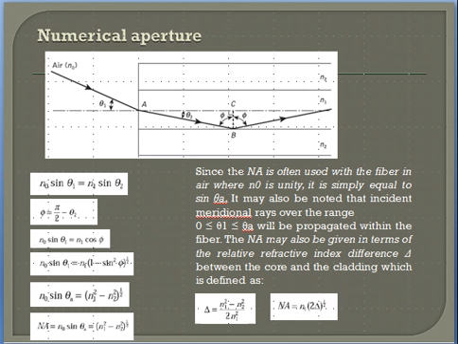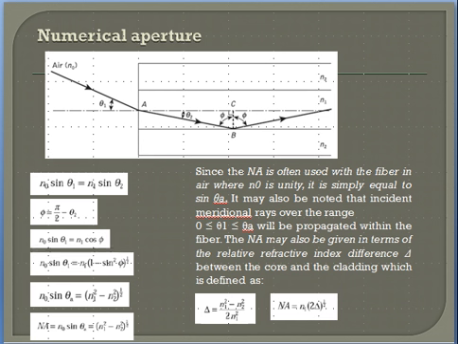Since the numerical aperture is often used for the fiber in air, where n0 is unity, it is simply equal to sin theta a. It may also be noted that the incident meridional rays over a range of 0 to theta a will be propagated within the fiber.